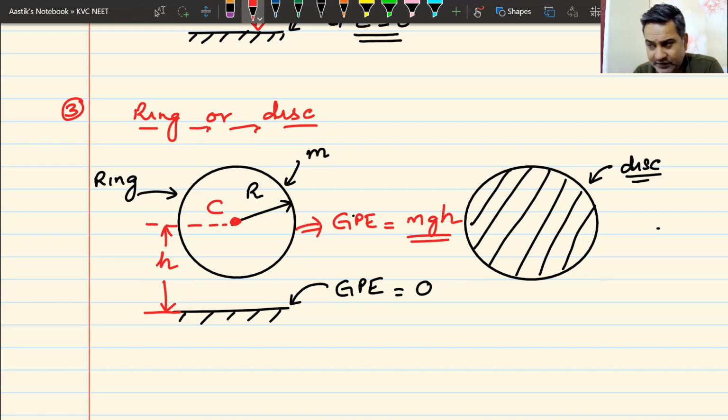The next class, we'll get into the most exciting aspect of this chapter, and the most exciting aspect of this chapter is the concept of law of conservation of energy. No, it's not law of conservation of energy. It is law of conservation of mechanical energy.